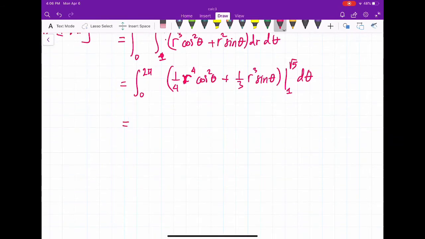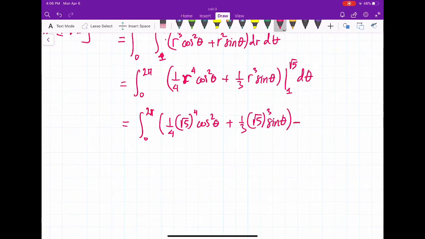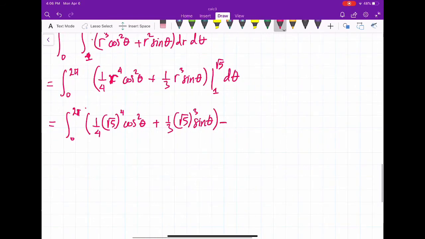We just need to plug 1 and square root of 5 into the function. We have 1/4 square root of 5 to the 4th cosine squared theta plus 1/3 square root of 5 cubed sine theta, minus, it's pretty long but it's fine, 1/4 cosine squared theta minus 1/3 sine theta.